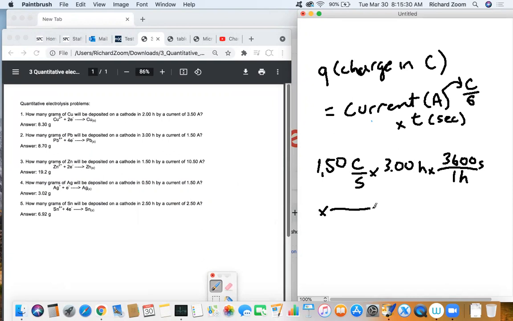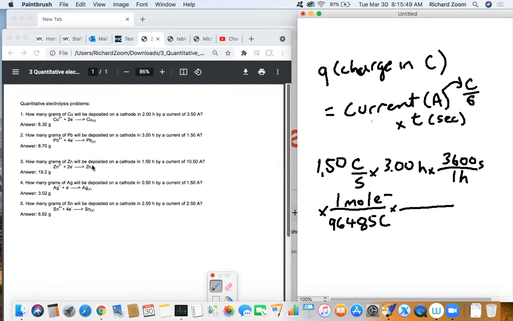And then that would give us the coulombs. So we need moles of electrons. As I said, this is something that's provided to you, this relationship. You don't have to remember it. And 1 mole of electrons is 96485 coulombs.